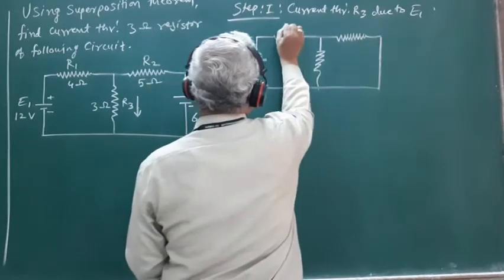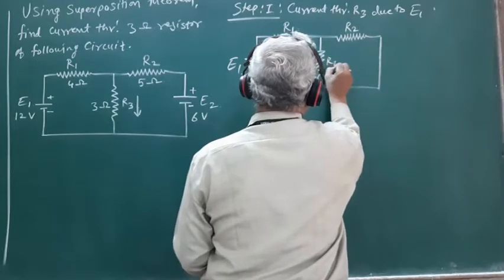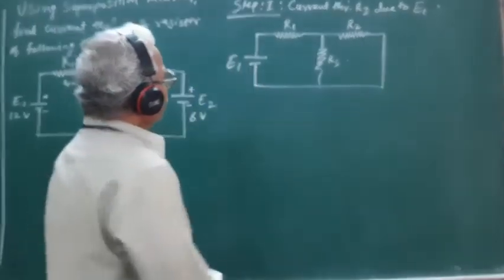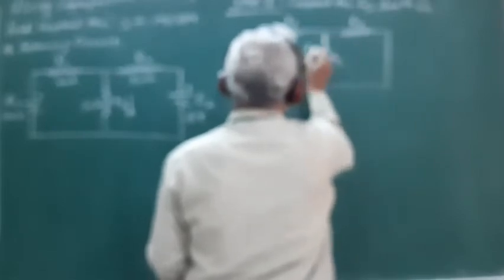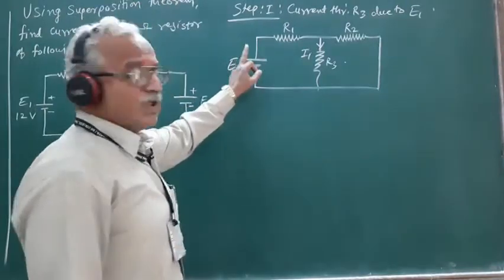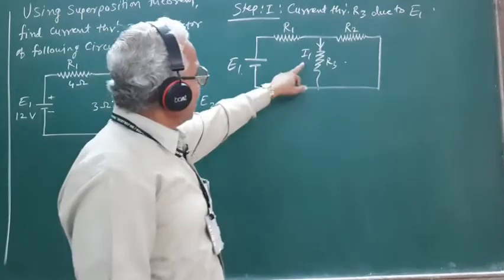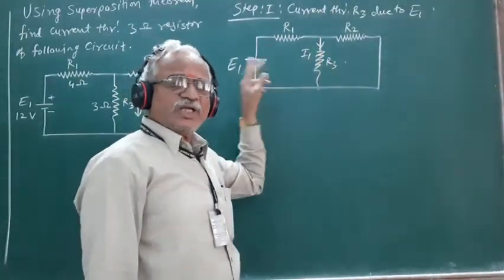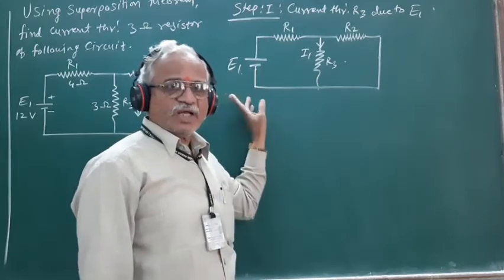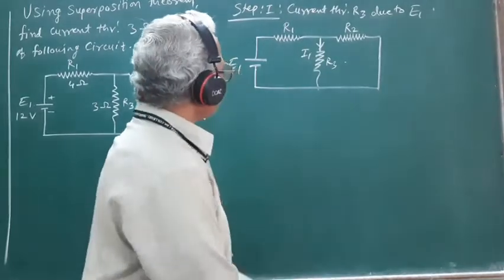So this is E1, R1, R2 and R3. Now let us consider I1 is the current flowing through this resistance R3 only in the presence of E1, when E2 is killed for its EMF.